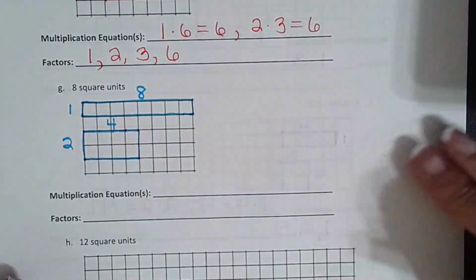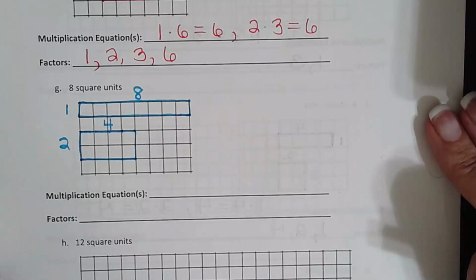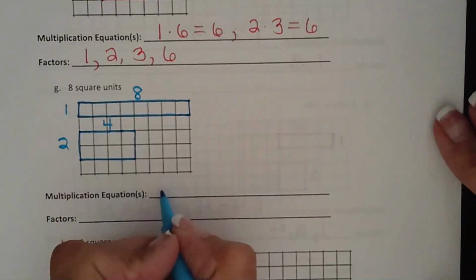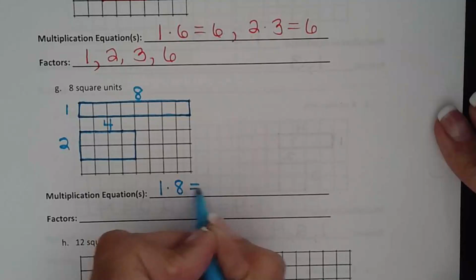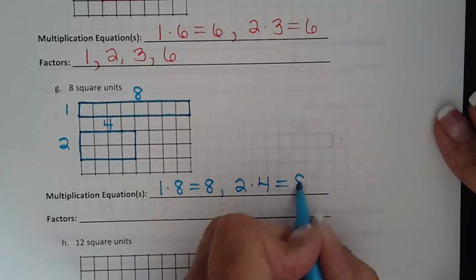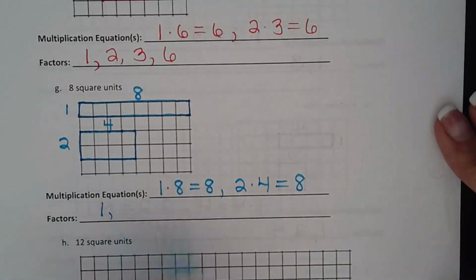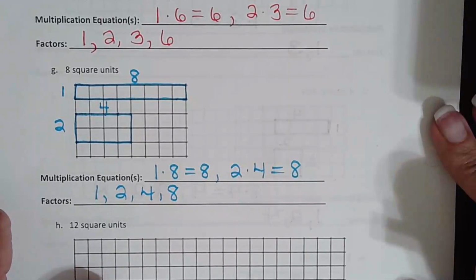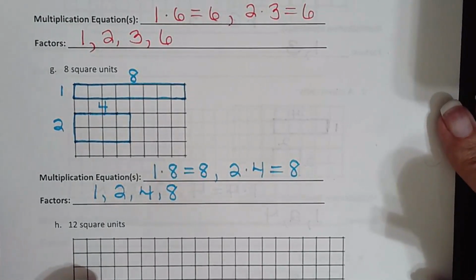So it looks like 8 has 4 factors and is also composite. So 1 times 8 is 8, and 2 times 4 equals 8. So its factors are 1, 2, 4, and 8. Remember, factors are numbers that divide evenly into the given number.